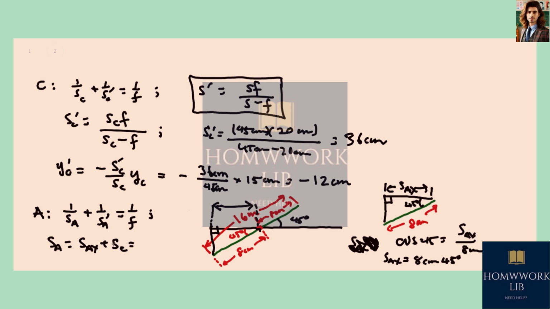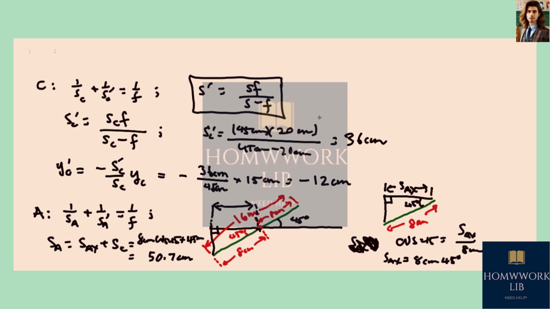And that is 8 centimeters cosine of 45 plus 45 centimeters. And that gives me, let's see, I've written it here. That gives me 50.7 centimeters.